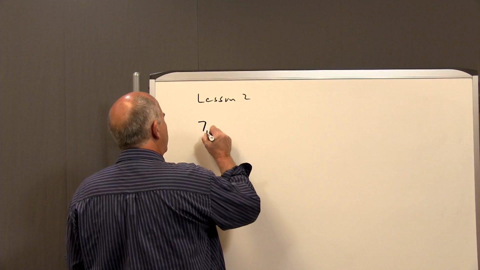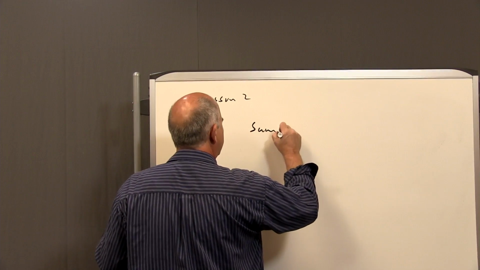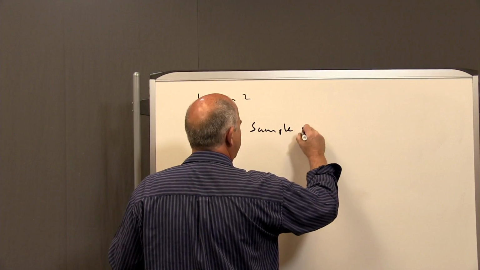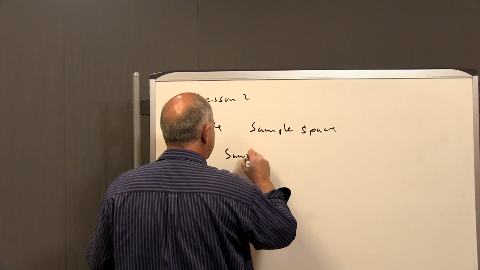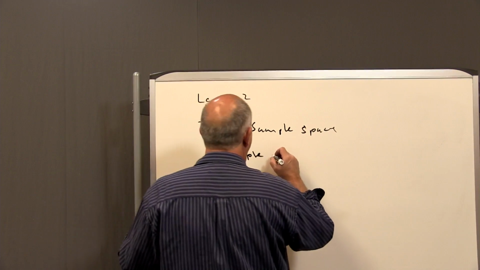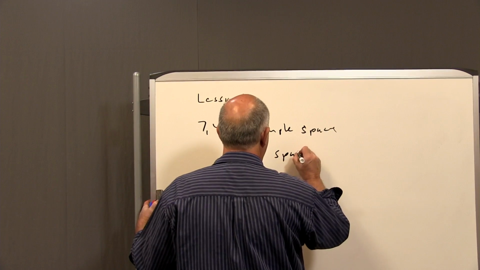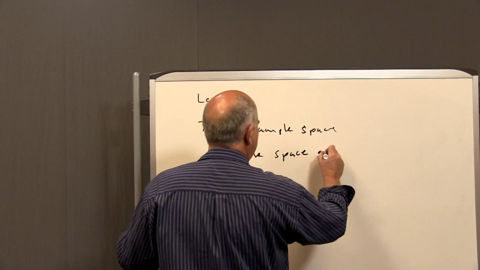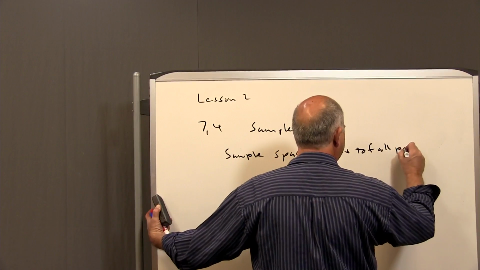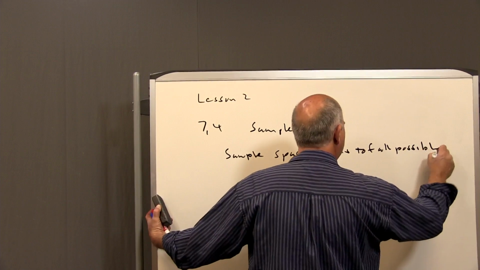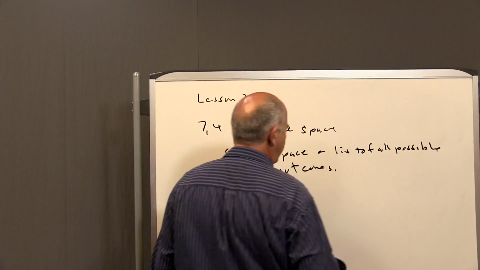We also did 7.4 in lesson 2. This was sample spaces in the beginning of probability, right? A sample space is the list of all combinations of outcomes. It is the list of all possible outcomes, right?